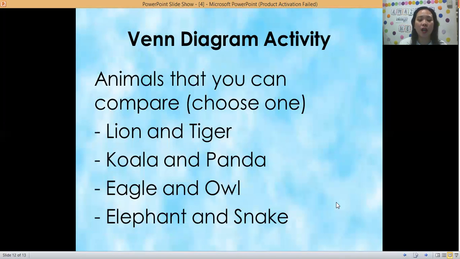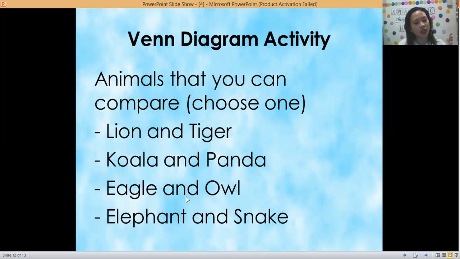Now, for our Venn diagram activity, you're going to compare animals. What are the animals you can choose? You can compare lion and tiger, koala and panda, eagle and owl, or elephant and snake. Just choose one.